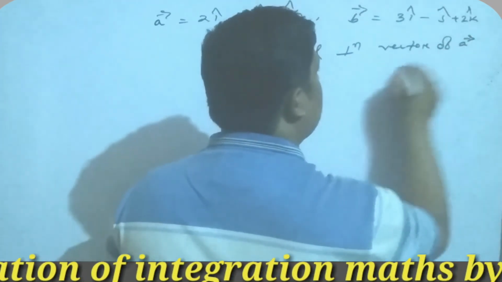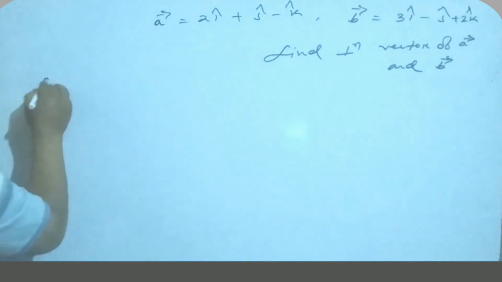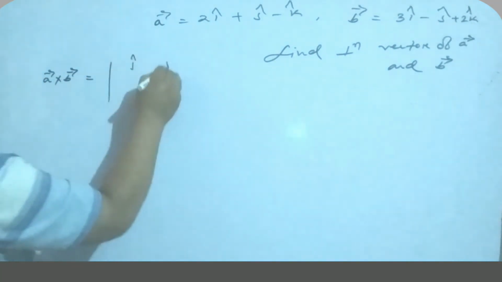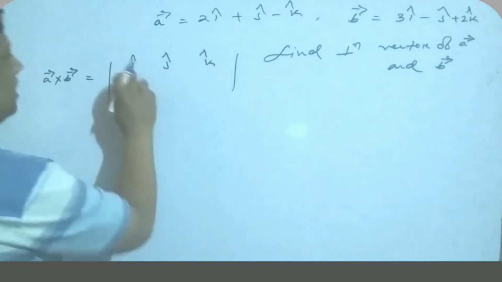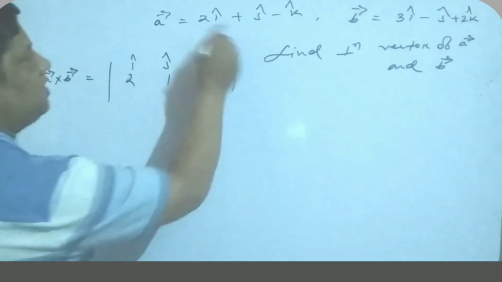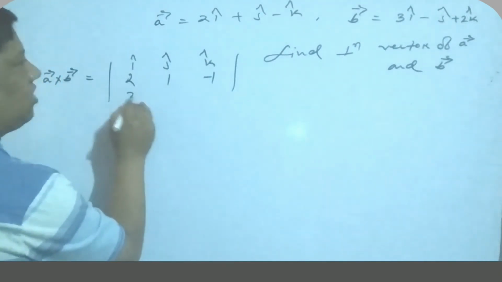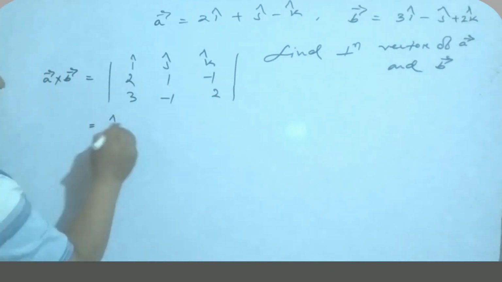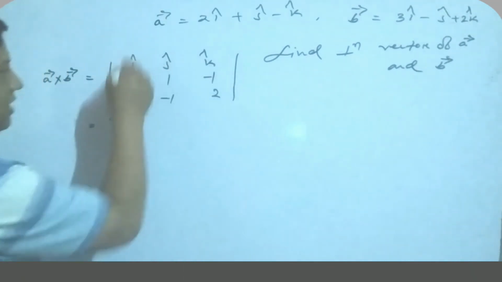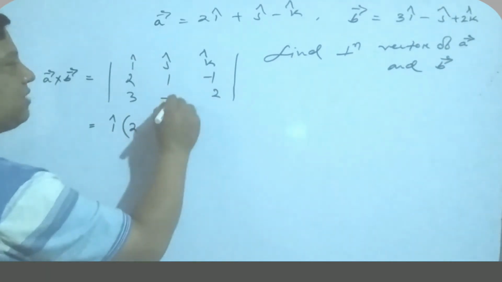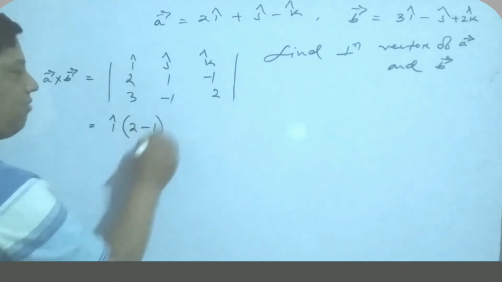In this case, you have to find the cross product of A and B. Write i, j, k; next 2, 1, minus 1; again 3, minus 1, 2. Now you have to expand like this. For i, this line cancels and you cross multiply: 2 and this number minus, plus 1.